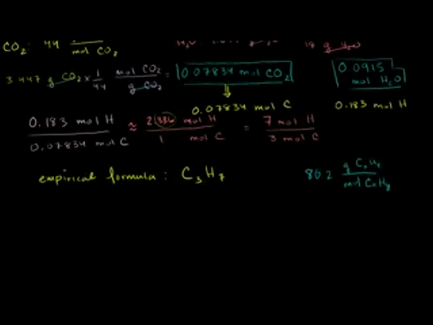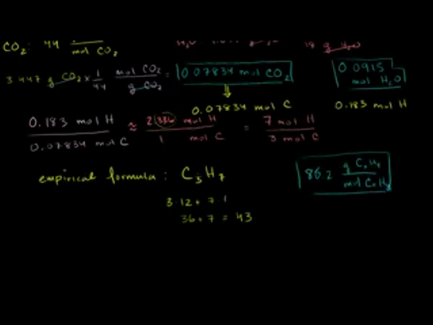It would be 3 times 12 plus 7 times 1. 3 times 12 is 36, plus 7 is equal to 43. So if this was the molecular formula, its molecular mass would be 43 grams per mole. But they tell us in the problem that the molecular mass is 86 grams per mole. So they're saying that the mass is twice as much as this.